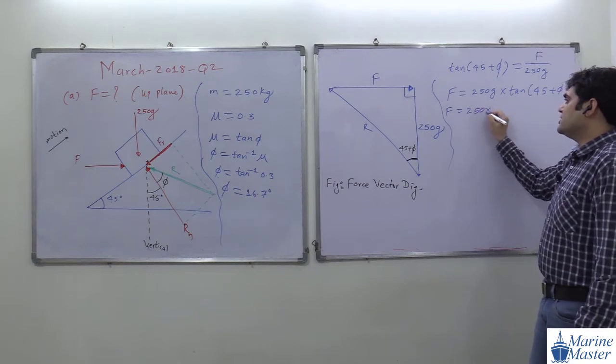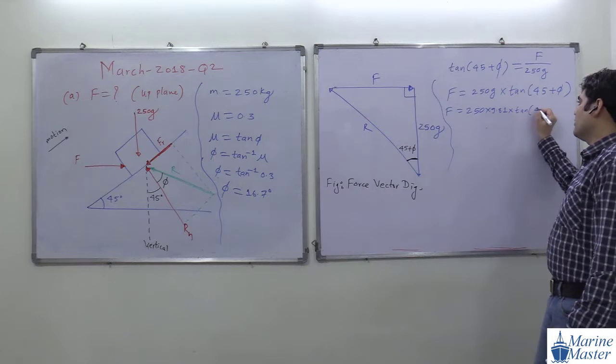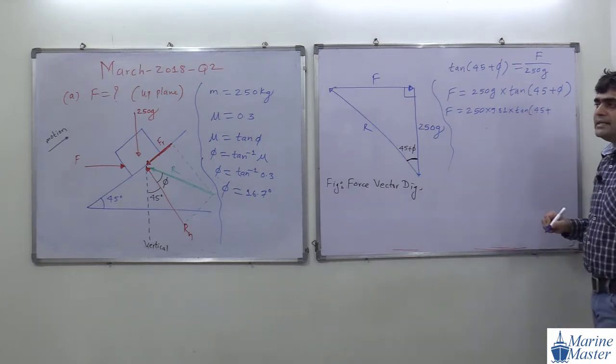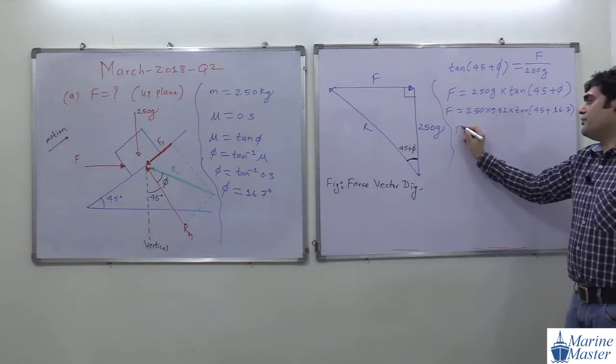So F, see the scenario here. 250. G is 9.81. Tan of 45 plus 5 is how much, guys? 16.7. So F will be equal to what?